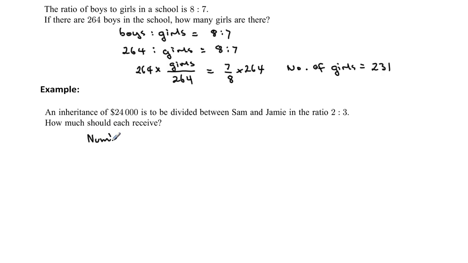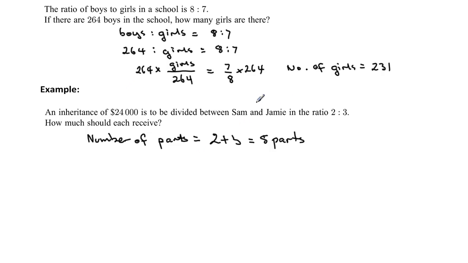So the number of parts that it's got to be divided into is equal to 2 plus 3, which is equal to 5 parts. So 5 parts, if you like, is worth $24,000.